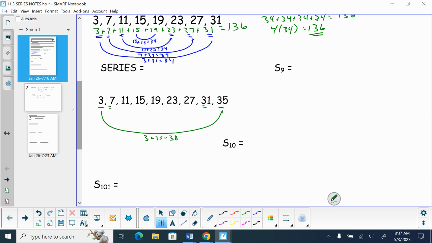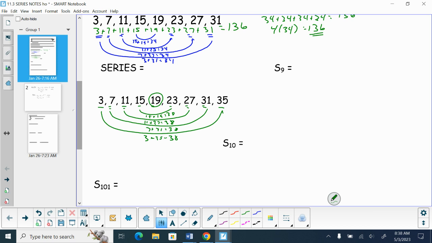And 7 plus 31, we get our 38 again. 11 and 27, we get 38. 15 and 23, we get 38. Same thing. But the problem we run into is this number 19.